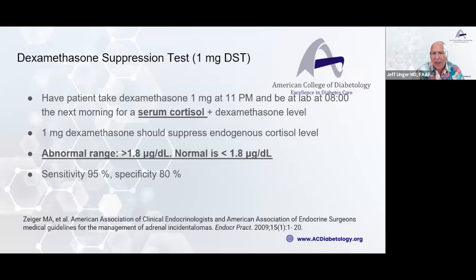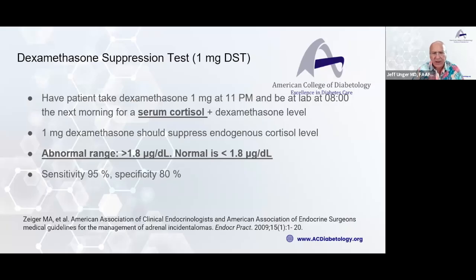That's normal. But if you do a morning cortisol level at 8 a.m., they have to be in the lab. It's a timed test. If the cortisol level is above 1.8, that means there is no suppression despite using dexamethasone. And in this case, the patient is diagnosed as having hypercortisolism.